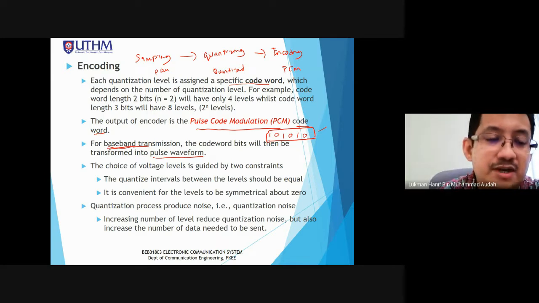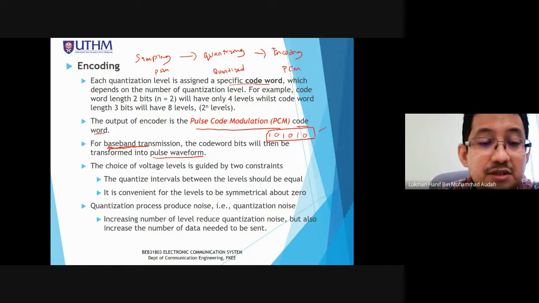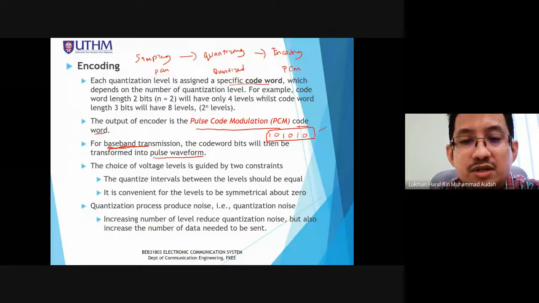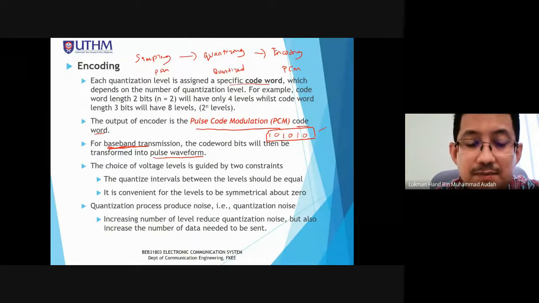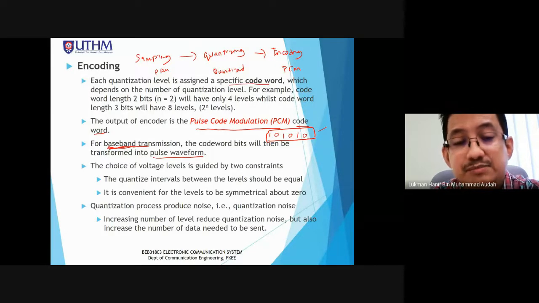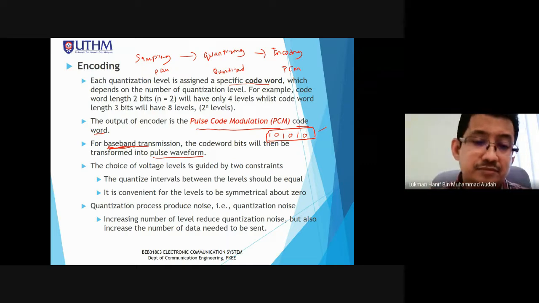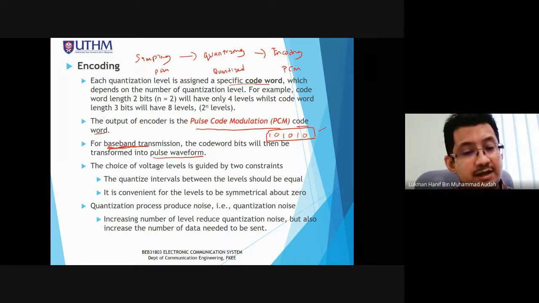Okay, so baseband transmission biasanya most of the time we transmit using cable. Okay, biasanya pada kebiasaannya baseband transmission ini kita transmit dalam kabel, sama ada copper cable ataupun fiber optics dan sebagainya. Okay, pada kebiasaannya.